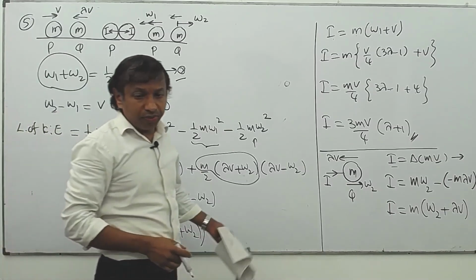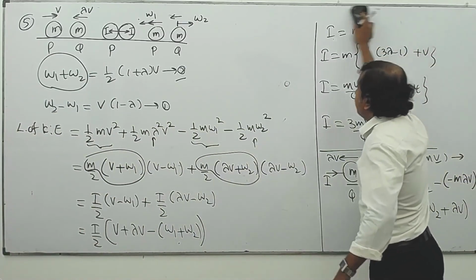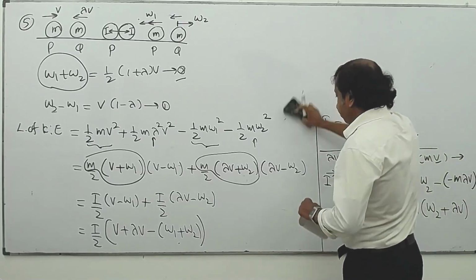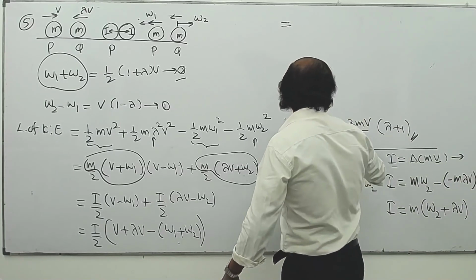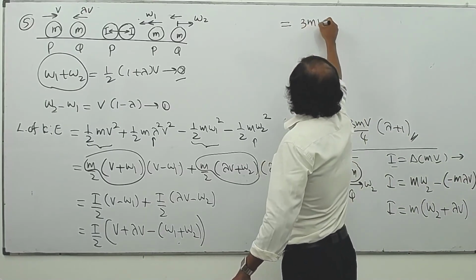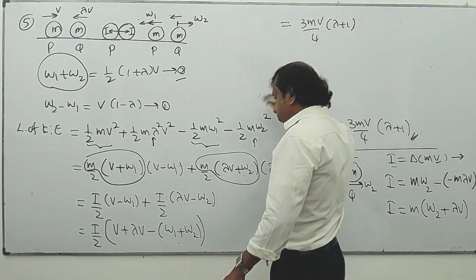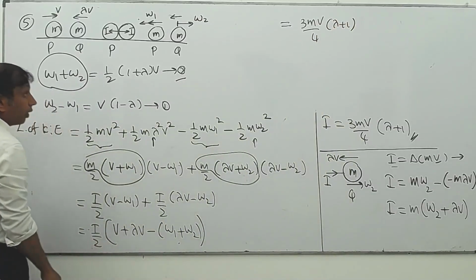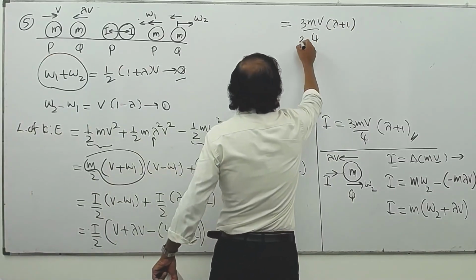We'll substitute them in the same way. Substitute for I: I is this answer, 3mv by 4 lambda plus 1. I divide by 2, then another 2 we have to have here.